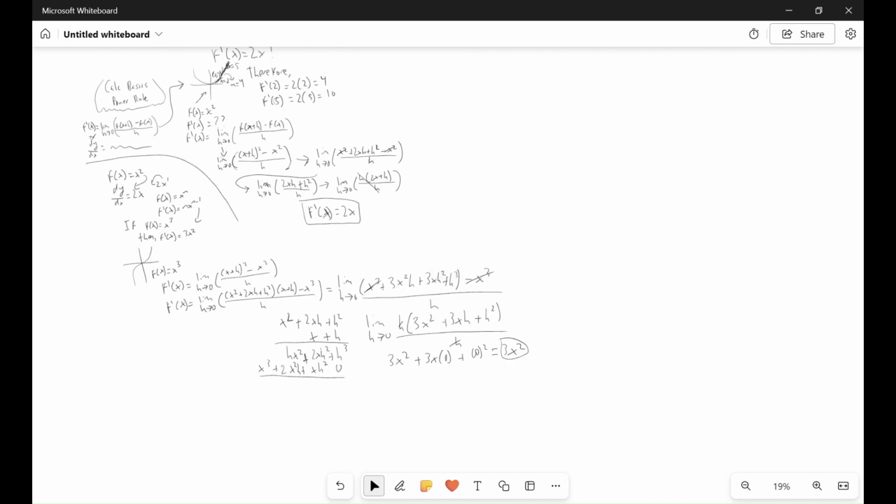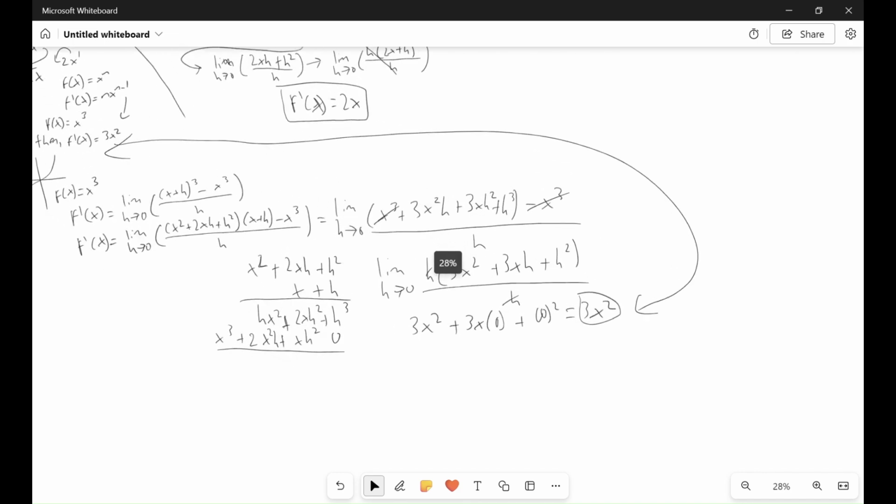All the way over here, we were saying we think it should be that. So it's a nice parallel that we've drawn. So it looks like our formula is holding up, and let's think about why.